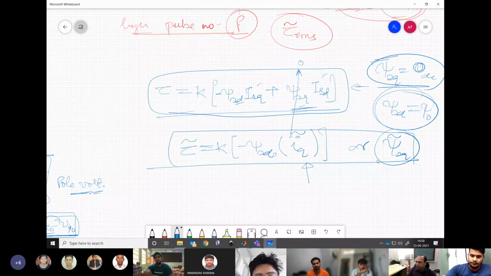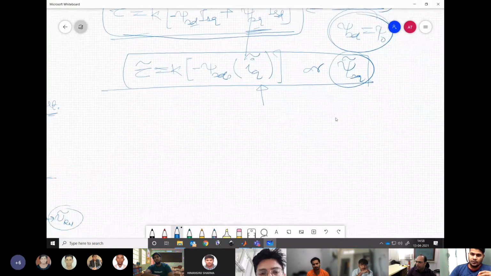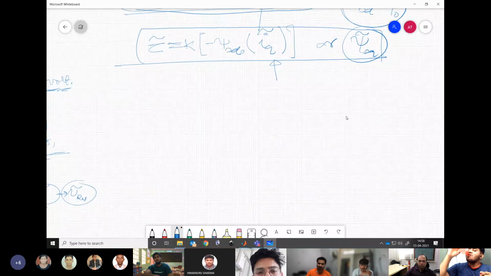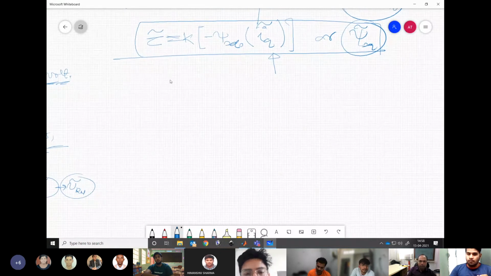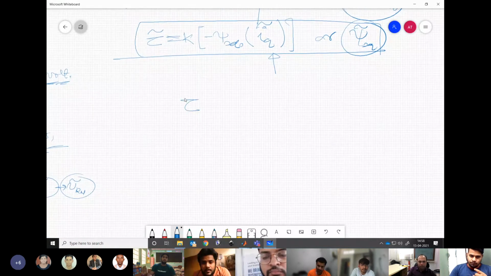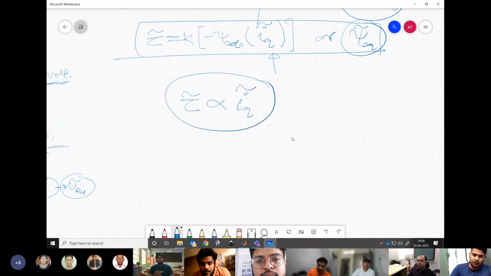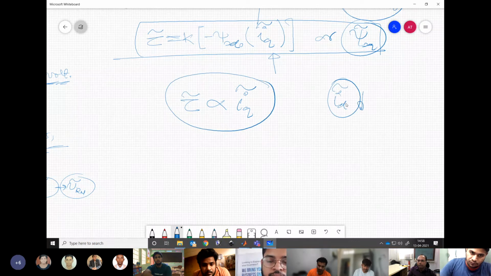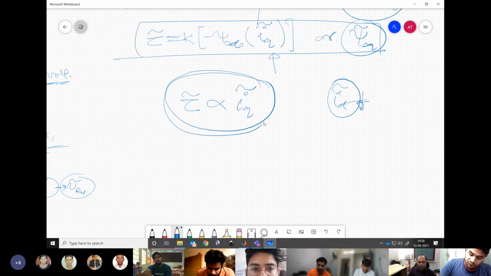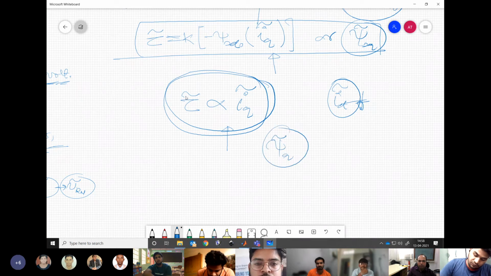Since it's going too heavy, I'm not going into much detail. So what we understand from here is that our torque ripple is basically proportional to our Q axis current ripple. It has only a small thing to do with the D axis current ripple. So if we completely focus on minimizing our Q axis current ripple or Q axis flux ripple, we can have a very good value of torque.